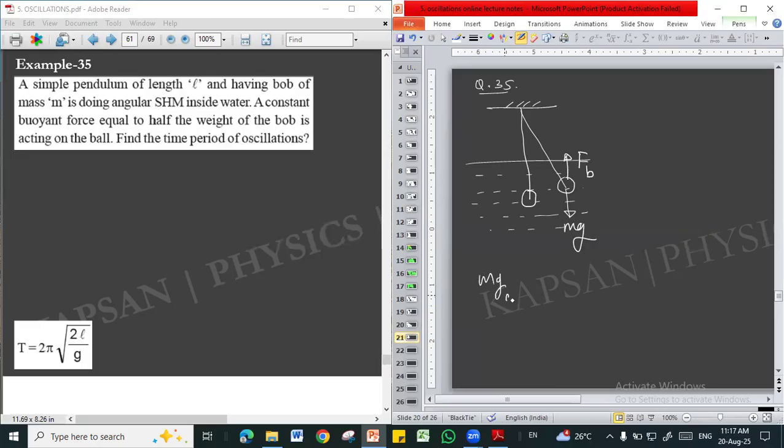You can say modified weight, or apparent weight, is equal to real weight minus buoyancy. Mg minus buoyancy. Buoyancy is equal to half the weight, so this will be m into g by 2. From that, you will first figure out G effective. चेक करा ज्यांचं आन्सर आलंय त्यांनी असंच केलंय का? And then you will write the time period.